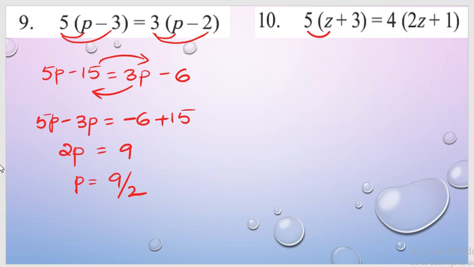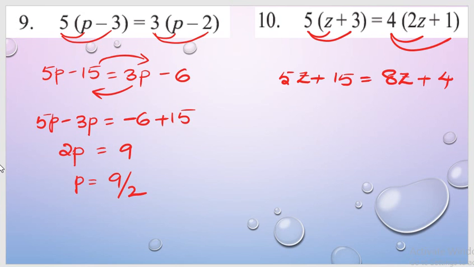So here also, so 5 into z, 5 into 3. So 4 into 2z, 4 into 1. So what I am going to get? So 5z plus 15 is equal to 4 2s are 8z plus 4 1s are 4. Now what I am going to do? I am going to transpose 8z to left hand side and 15 to right hand side.